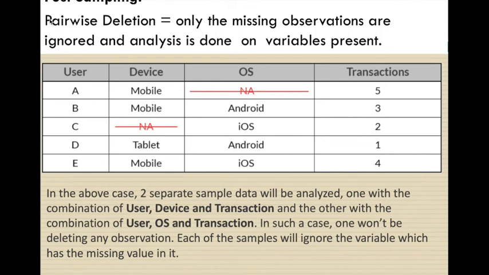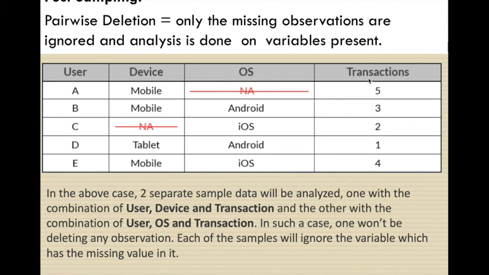That is why it is called pairwise. You will end up with a pair of data. In this case, you will end up with user, device, and transaction. And then the other one is user, operating system, and transaction.